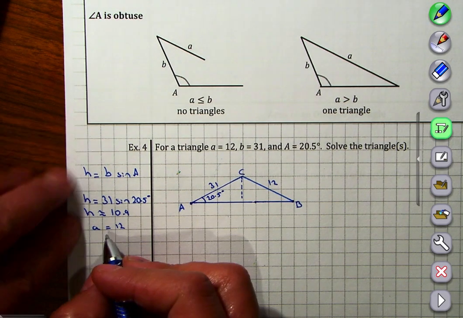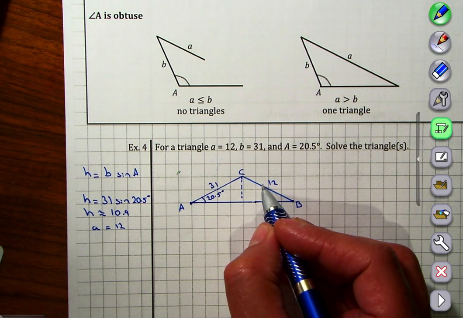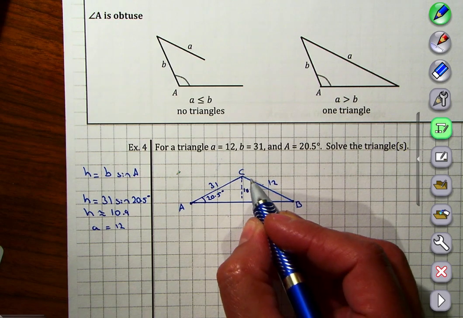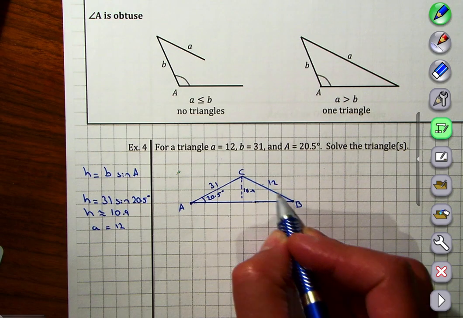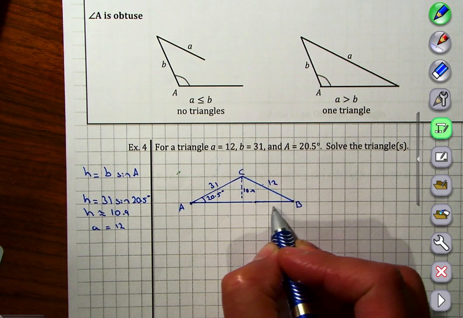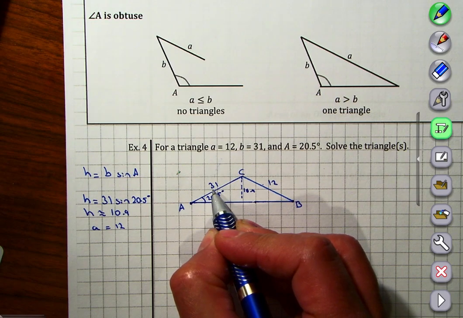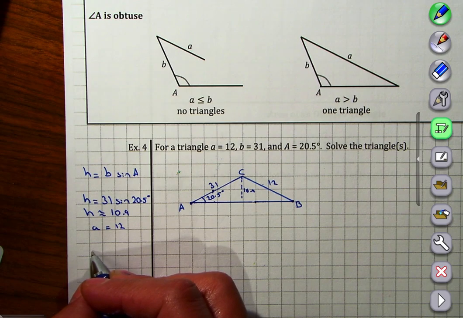So therefore, will it reach? If this is 12 and this is 10.9, is it going to reach the ground? Yes. So therefore it's going to reach here, but it's also going to reach over here since it's smaller than side B. So therefore there are two triangles.